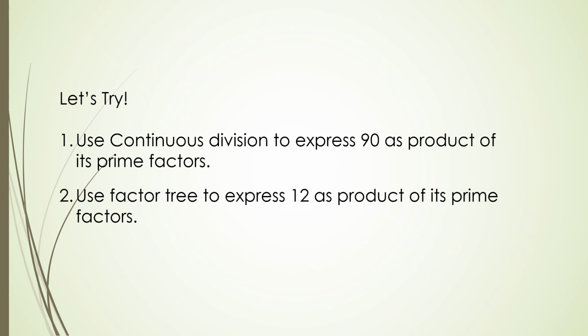First, you're asked to use continuous division to express 90 as a product of its prime factors. Second is to use a factor tree to express 12 as a product of its prime factors. So again, first, express 90 through continuous division. Second is 12 using a factor tree.